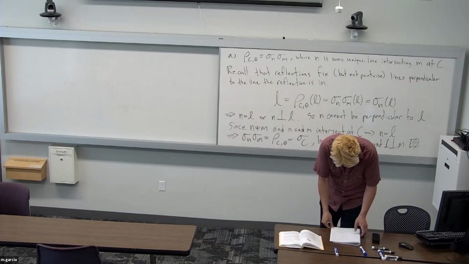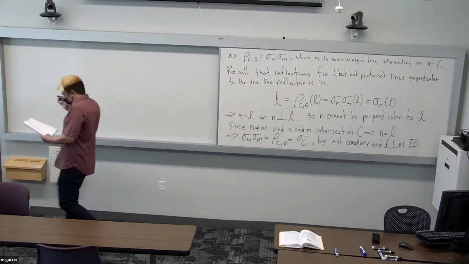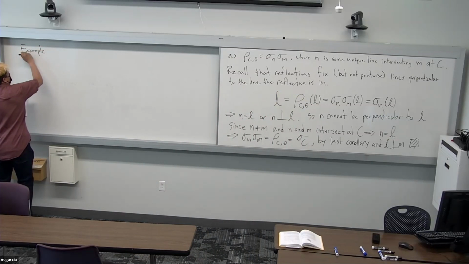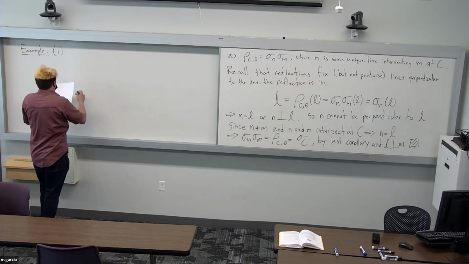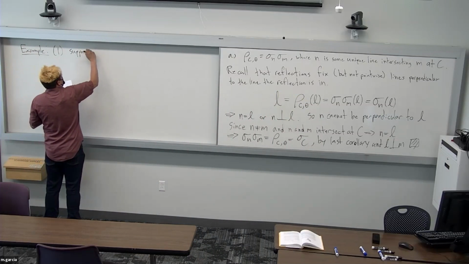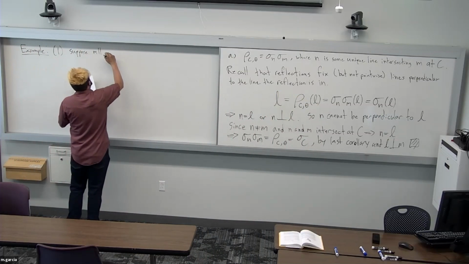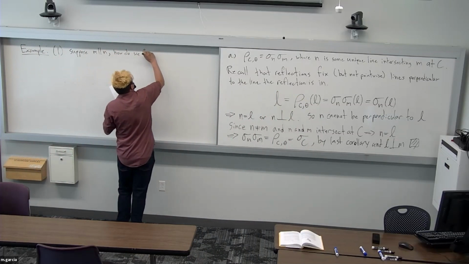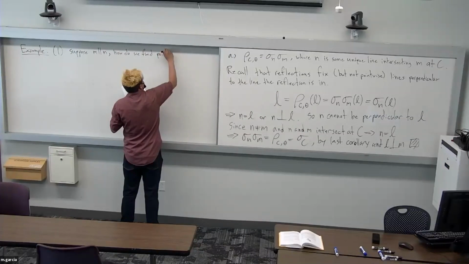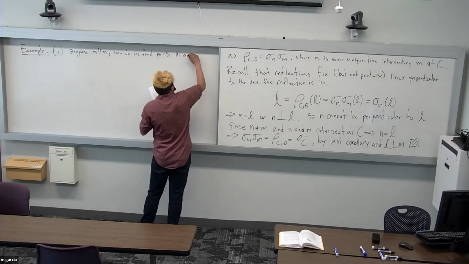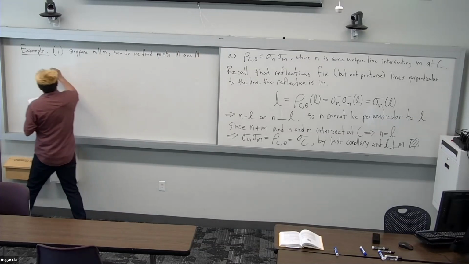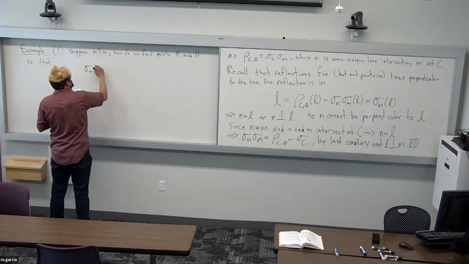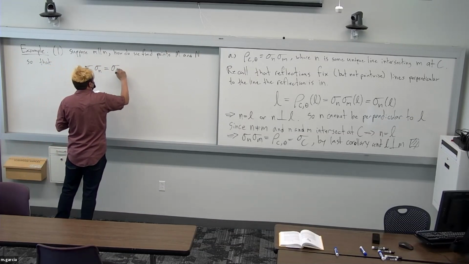So, let's say, for example, I were to ask you, first, let's suppose M is parallel to N. How do we find points M and N so that sigma M sigma N is equal to the product of two half turns?